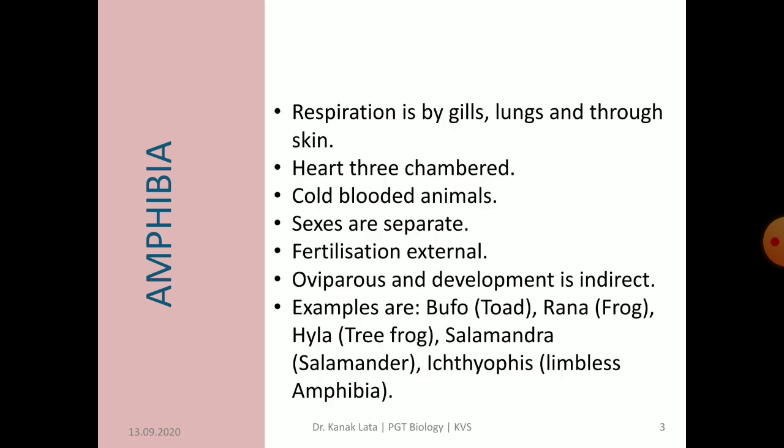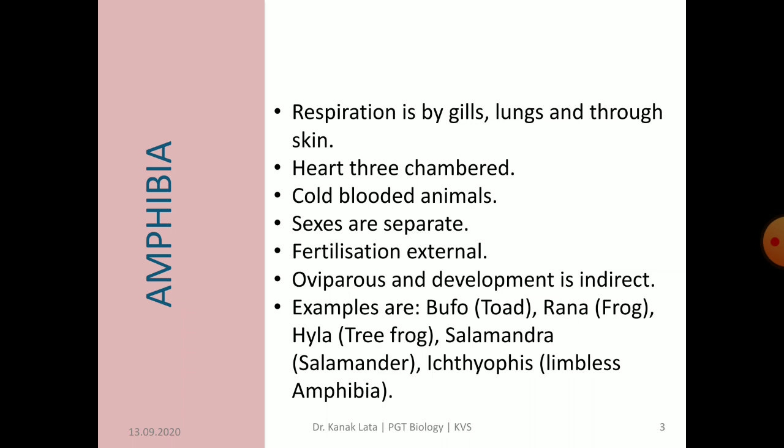Respiration takes place by gills, by lungs and also through moist skin. The heart is three-chambered with two auricles and one ventricle. This is an advancement over the two-chambered fish heart.